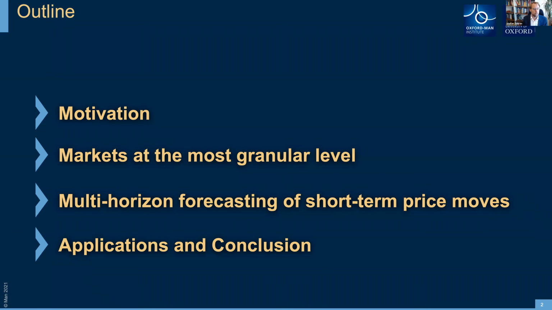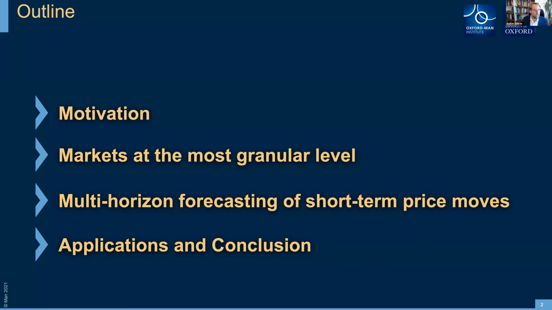And then I'll be speaking about our new models, those multi-horizon forecasting models for short-term price moves, how they are constructed, as well as the results, before commenting a little bit on some applications where those models could be used in industry, and some conclusions of everything we have discussed so far.